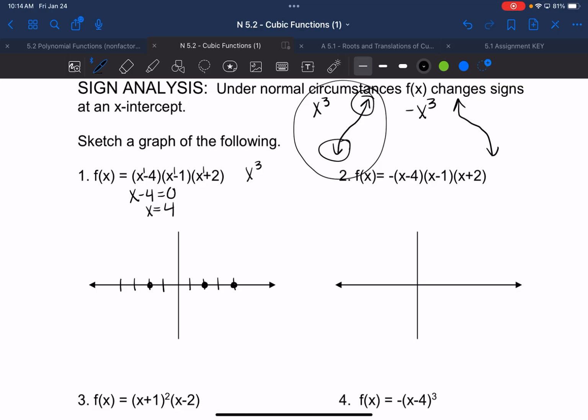Okay, so I'm going to start drawing my graph, okay, and I am going to, like it says here, change signs. Well, up until this point, all my values were positive, right? They're above the x-axis. But at the 0, that's where it changes sign. So it goes below, okay?